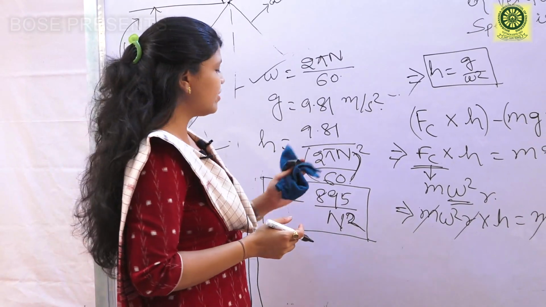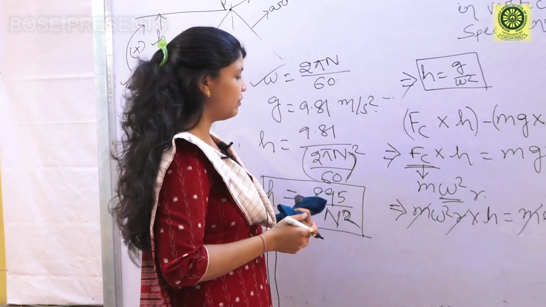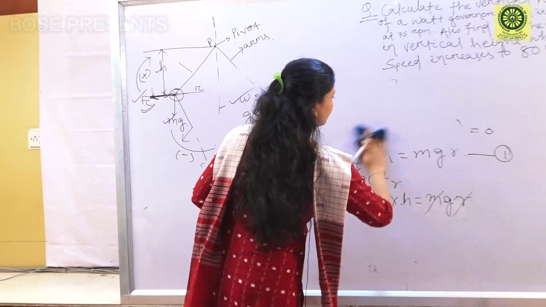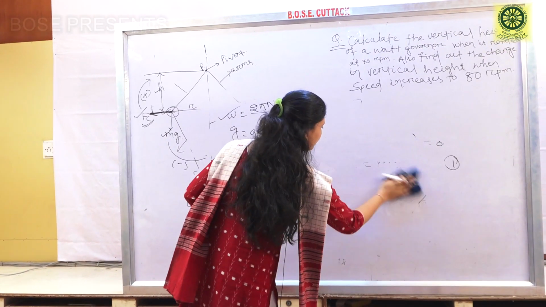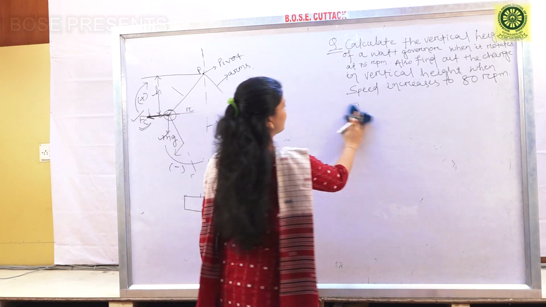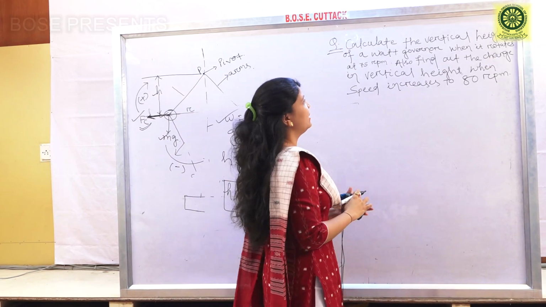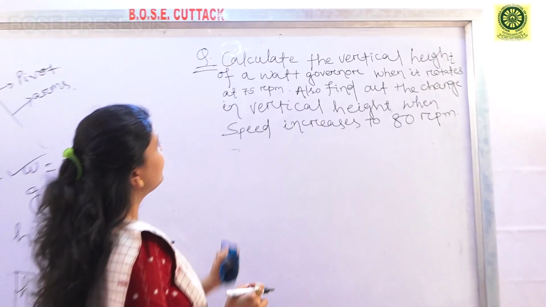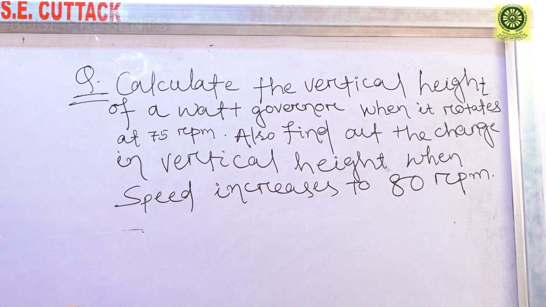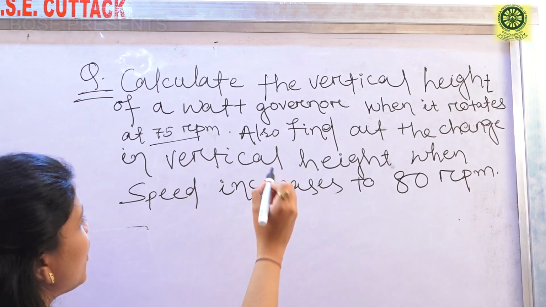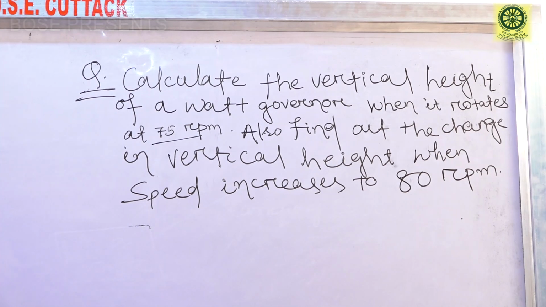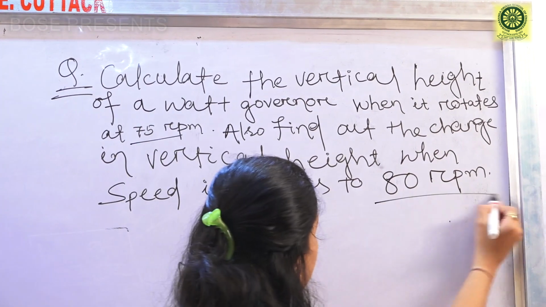Let us go to the problem based on this watt governor. So here is the problem. Calculate the vertical height of the watt governor when it rotates at 75 rpm. Also find the change in the vertical height when the speed increases to 80 rpm.